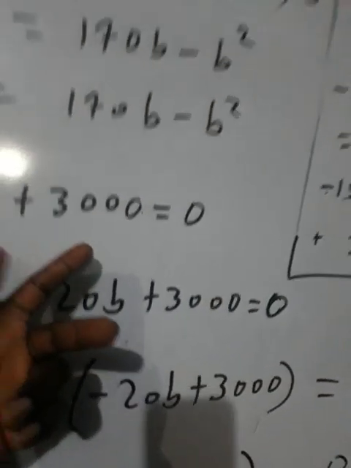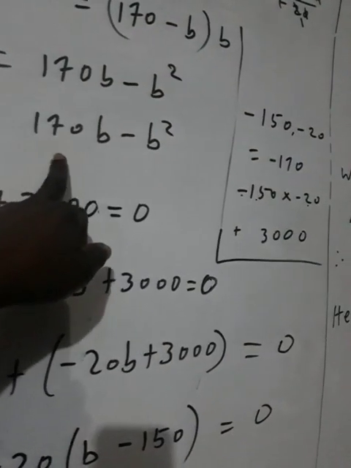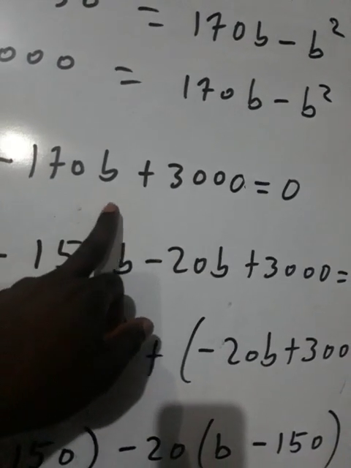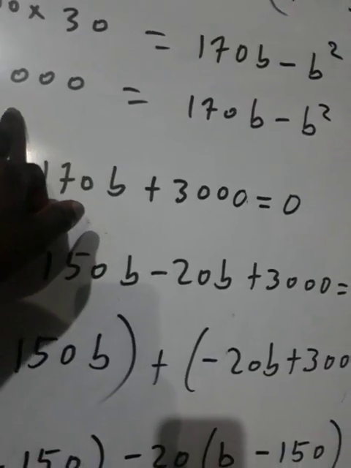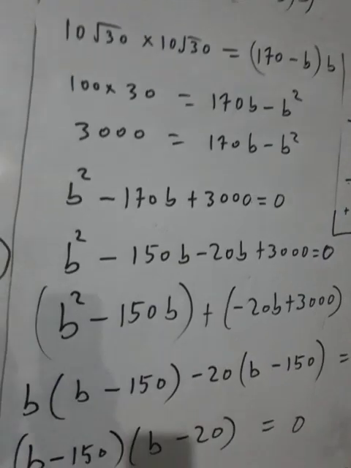Rearrange to form a quadratic equation. Minus b squared coming to the other side gives us positive b squared. Positive 170b coming to the other side is going to give us negative 170b. Then 3000 is on the left hand side, so you have it as 3000. This will give us equals to 0.